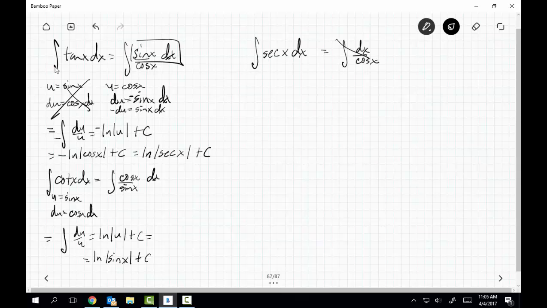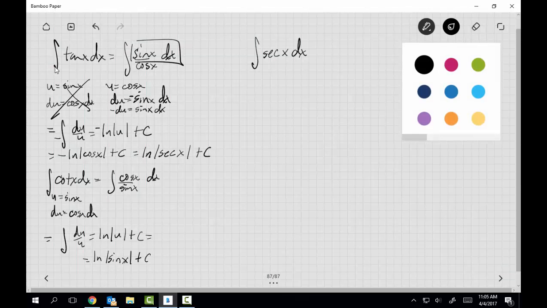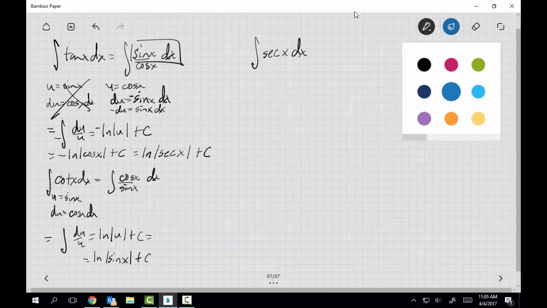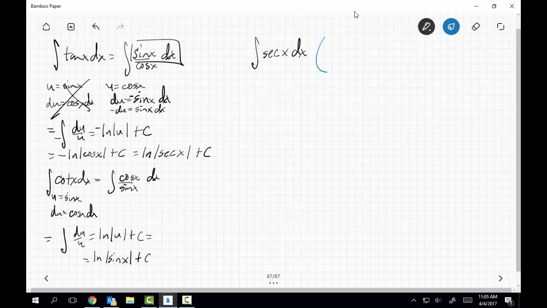So what I'm going to do is multiply by the goofiest looking one you've ever seen. Remember, I can always multiply by 1 whenever I want, as long as I'm not dividing by 0, right? Now, this 1 is going to seem really counterintuitive, and it's very clever that they figured out that this works.